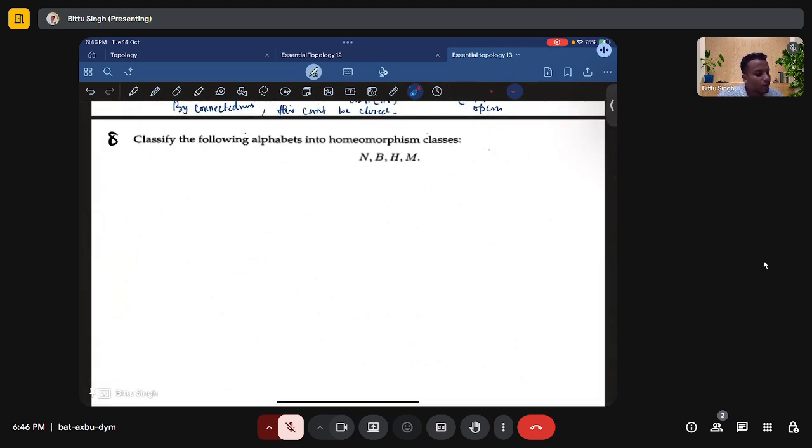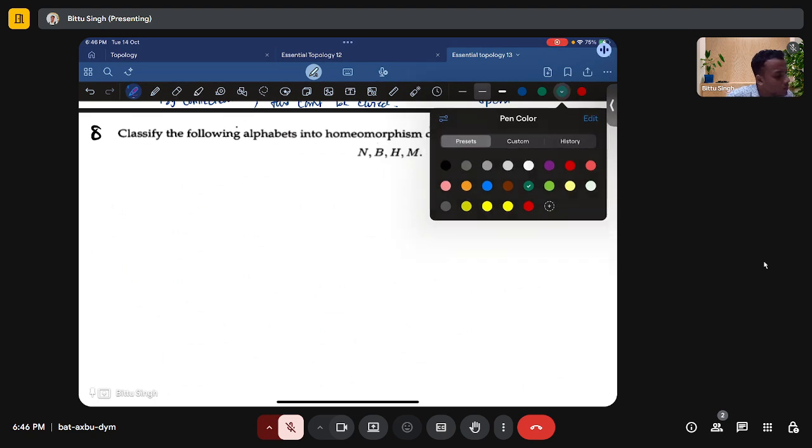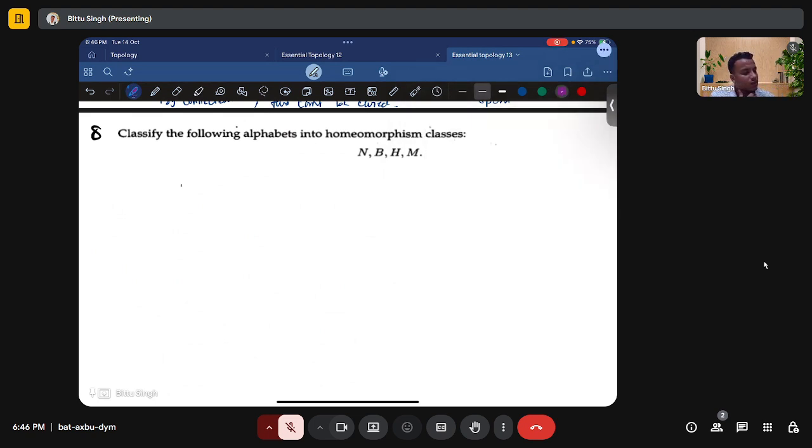We need to classify the following alphabet into homeomorphism classes. In this case, I will not present any explicit proof. I will just gauge. If we consider n, it is clear that if we just deform n, it becomes this.